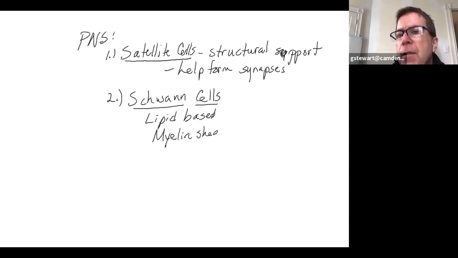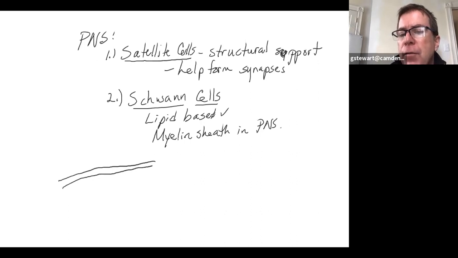That's a form of insulation, and it's a fat-based myelin sheath in the peripheral nervous system. These behave slightly differently. If this is a nerve fiber, an axon of a nerve in the peripheral nervous system, Schwann cells literally wrap around the axon in chunks, like a jelly roll, like this.